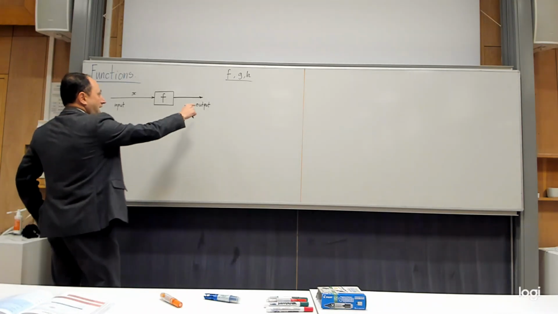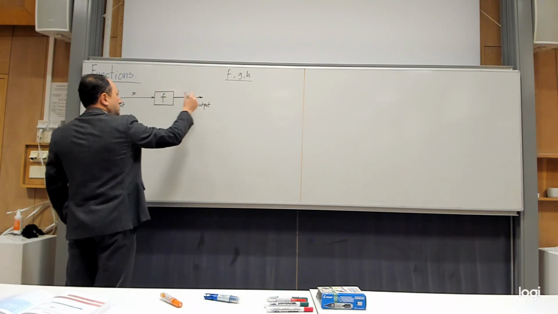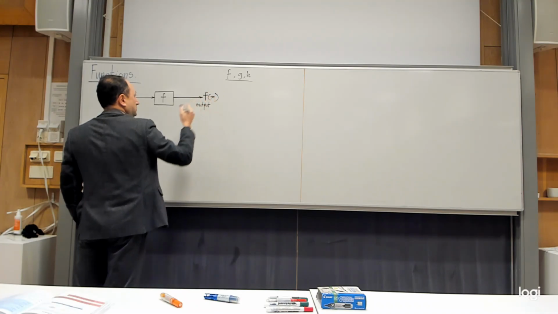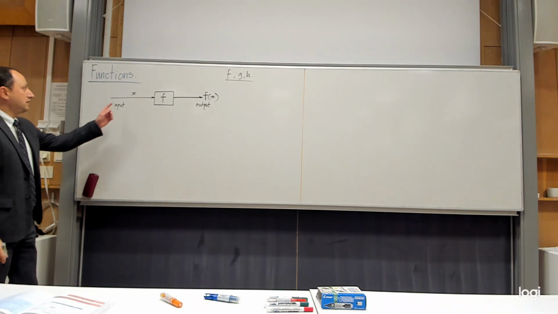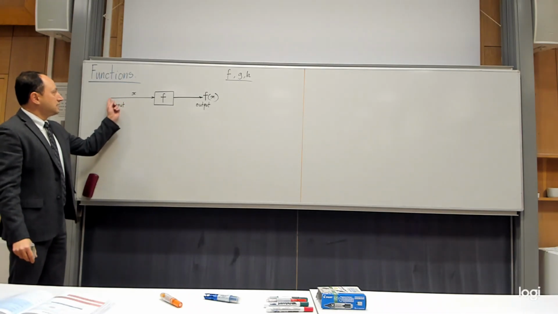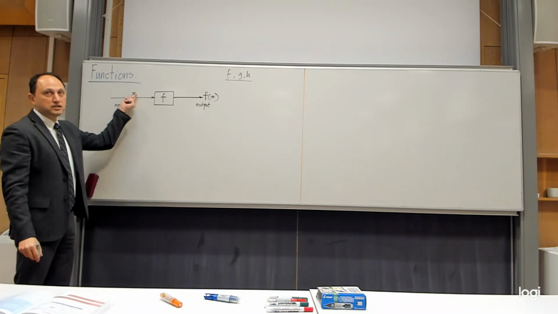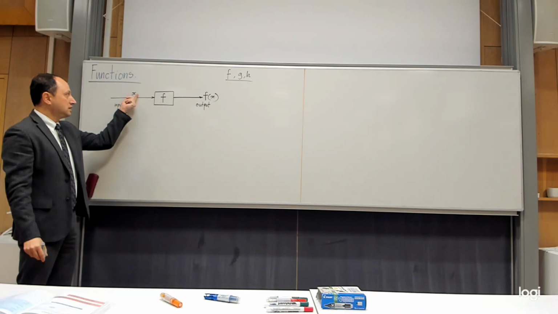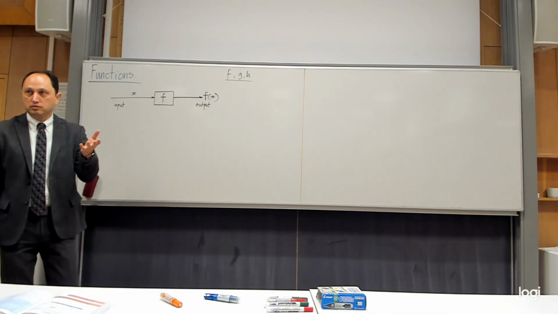And then the output that you get, according to this notation, there is a symbol for that. You write F, and then in a pair of brackets you put X. So I want you to understand this. You see, I send an input called X. It doesn't mean it is the letter X or whatever. It's just a representative of what I can send into this machine as an input.